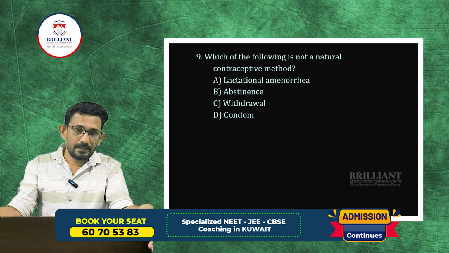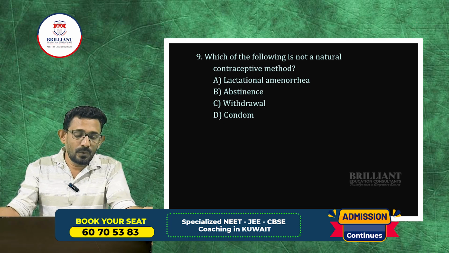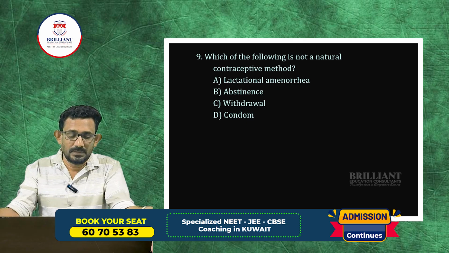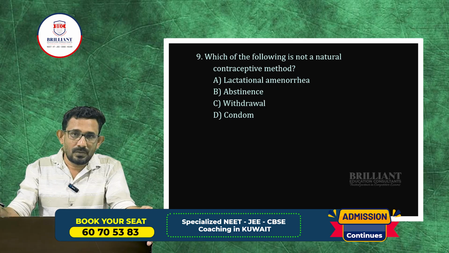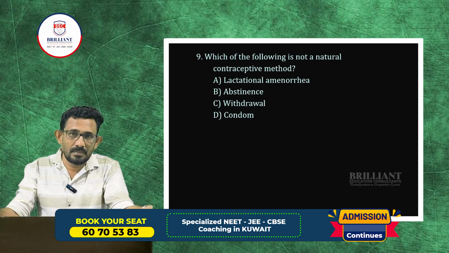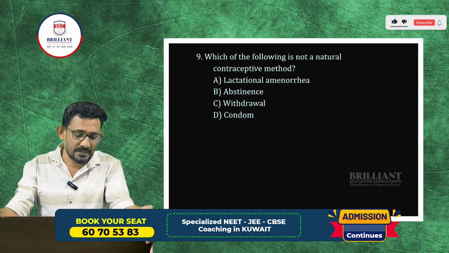And ninth question, which of the following is not a natural contraceptive method? We know that there are a lot of contraceptive methods, and one of them is called the traditional method or natural method. That means without using any medicine or devices.